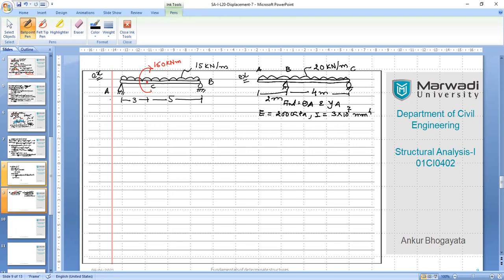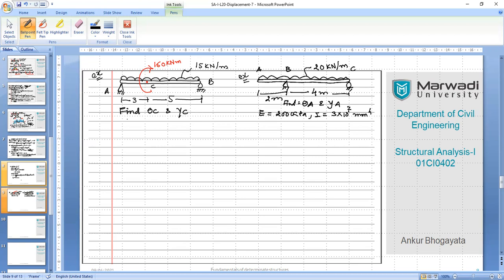Now here we'll come back to the original discussion, I mean the new problem that we were discussing. Yes. So now we'll find theta C and yC, right?